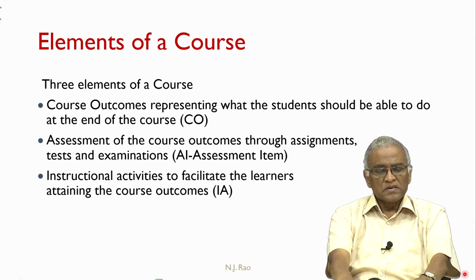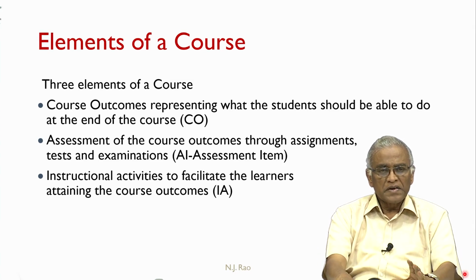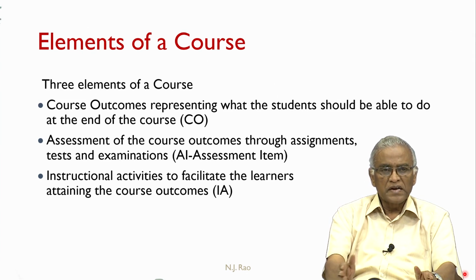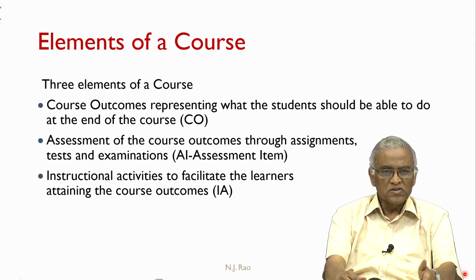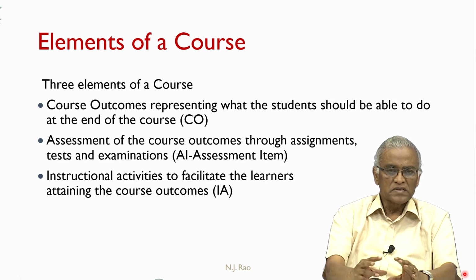And then, once we have identified a course outcome, we have some teaching learning activities, what we call instructional activities, to facilitate the learners to attain that outcome. That is, we may lecture, we may have some quizzes in the class, we may have discussions in the class.